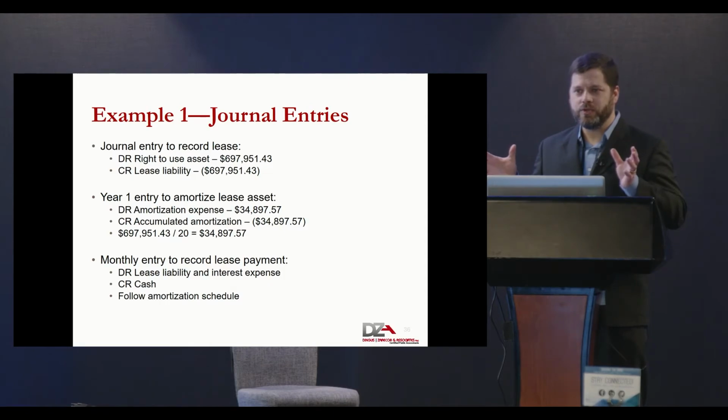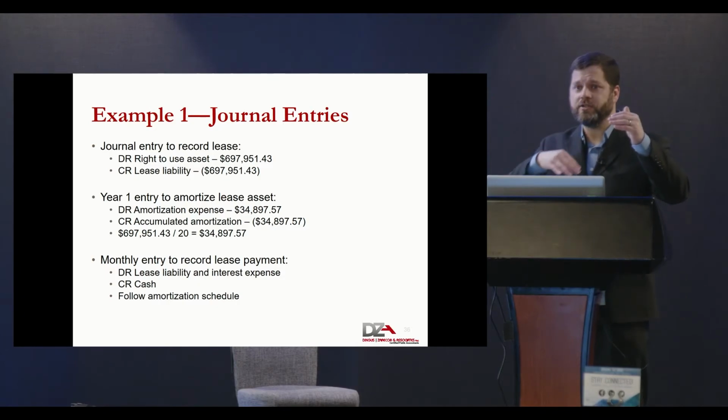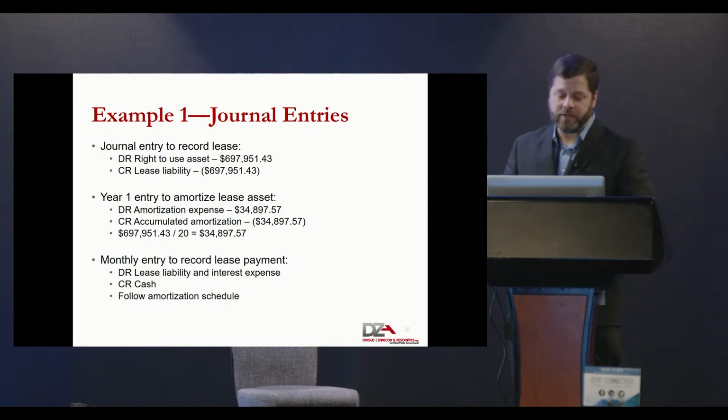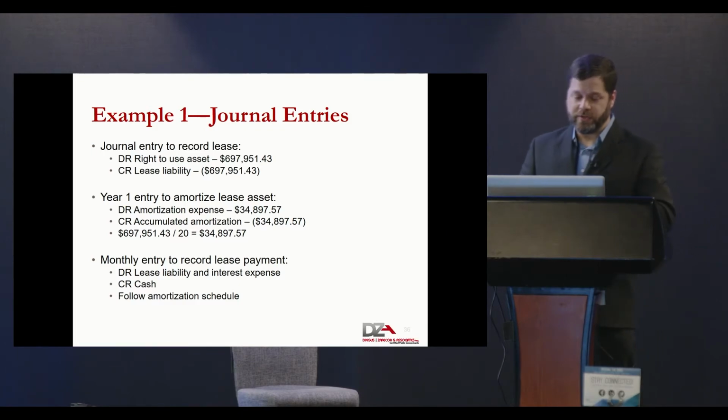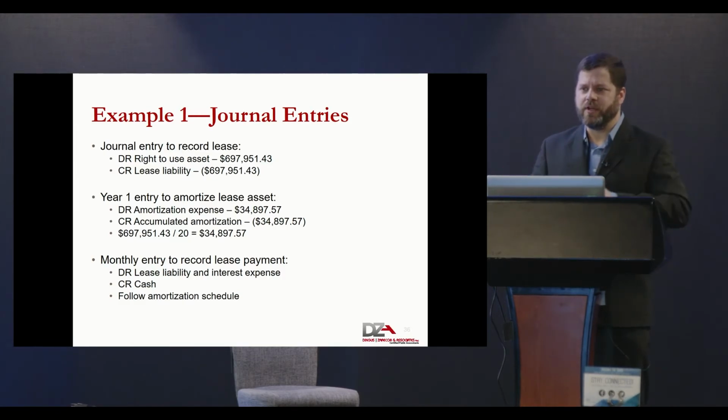Probably not a huge effect, but it kind of depends. If you're using a lot of building leases, for example, you might have much higher amounts and higher interest expense compared to the depreciation expense, because your depreciation is straight line while your interest is changing over time. So the amount of expense could change, especially for those operating leases. I hope I explained that well, but in some of the calculations we've done, it can make a pretty substantial difference for governments.